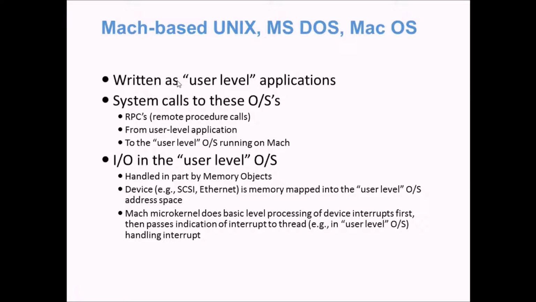Devices such as Ethernet and SCSI are memory mapped into the user level operating systems. The Mach microkernel handles the basic level of device interrupts first by passing an indication of the interrupt to a thread in the user level operating system, so we can handle the interrupt there.